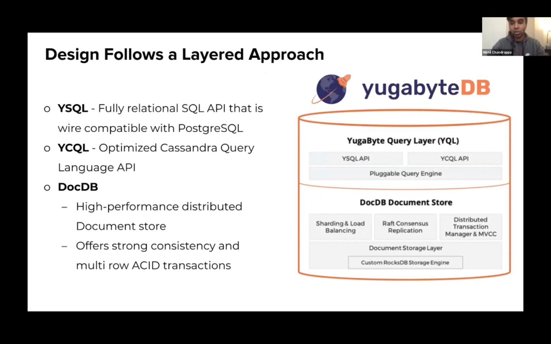All these APIs are built on top of a DocDB engine that we have optimized using RocksDB. All the data storage, as well as distribution of the data, like sharding, is taken care of by the DocDB layer. On the top layer, we maintain wire compatibility with the Postgres and Cassandra APIs.